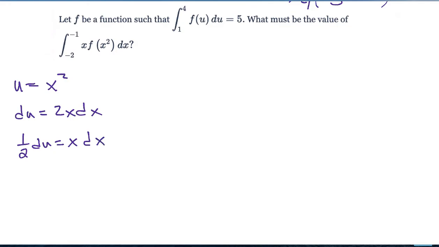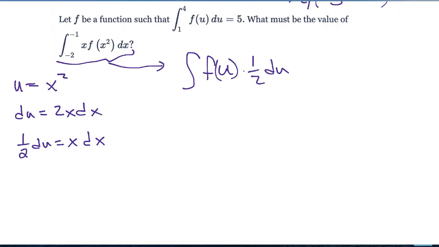Well, great. Now we can actually do u substitution on this. Notice that we could rewrite this integral as the integral of f of u times 1/2 du. Now, if we think about what those bounds are, again, these up here are x bounds.